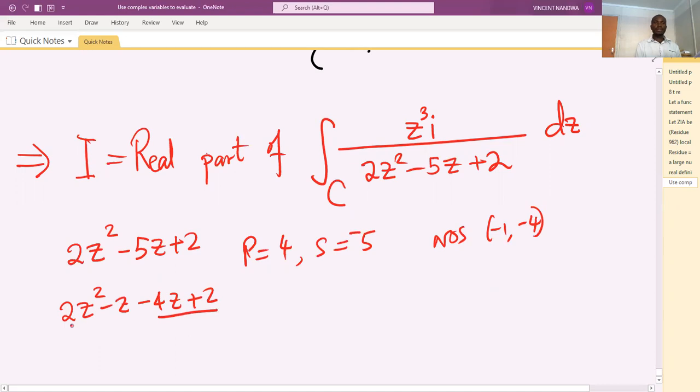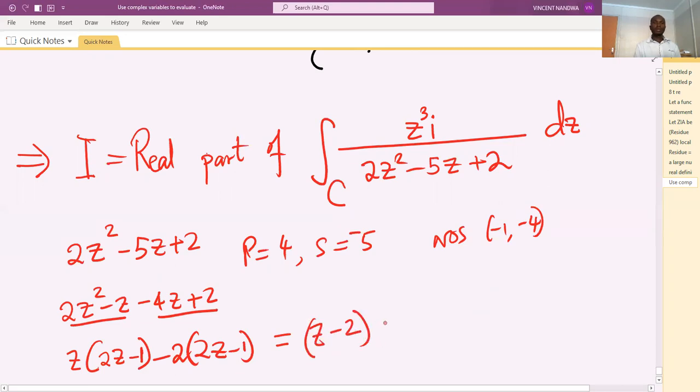So this part, z into 2z minus 1 minus 2 into 2z minus 1, which will be z minus 2 and then 2z minus 1.